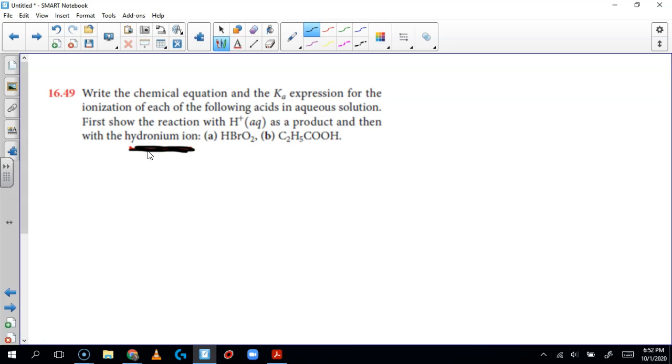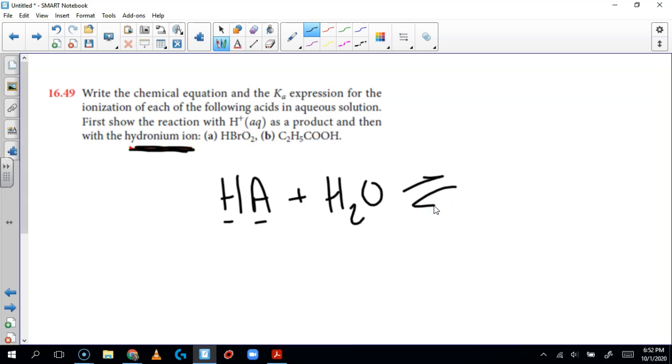So you're going to have the acid, which is HA, plus H2O, going to react to form H3O plus, that's the hydronium ion, plus whatever the conjugate base of the acid is. So that's the general form of the reaction, okay? And this will also work if we were going to do it with the hydrogen ion.